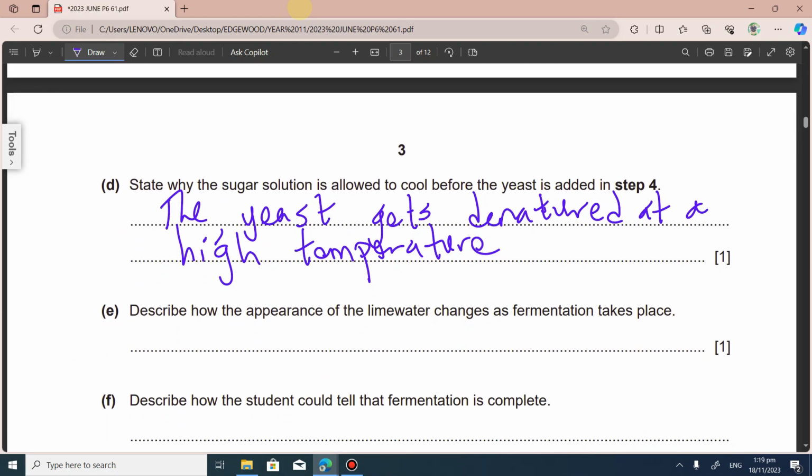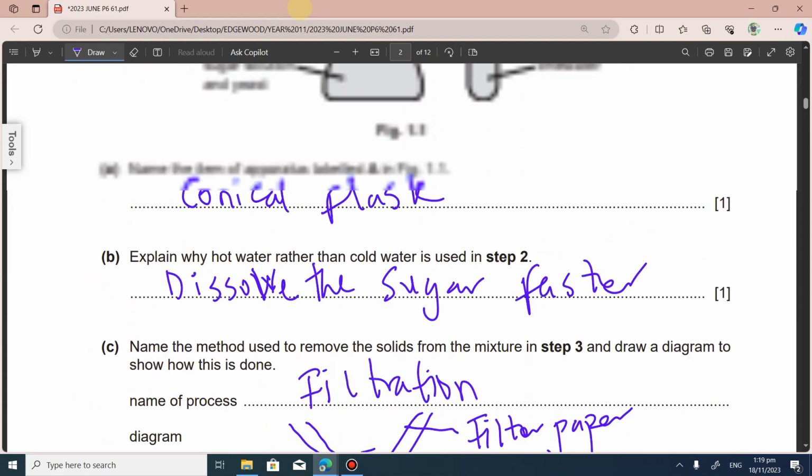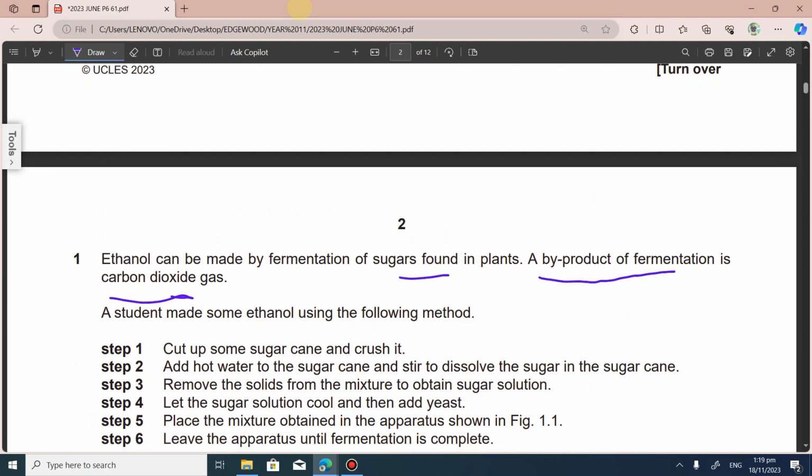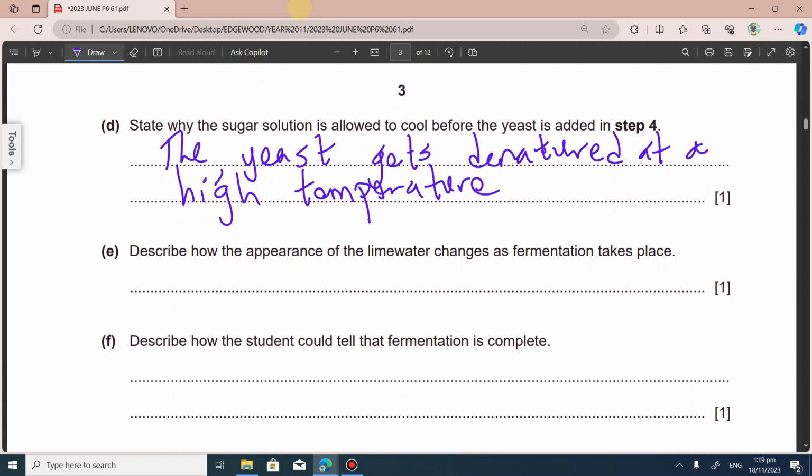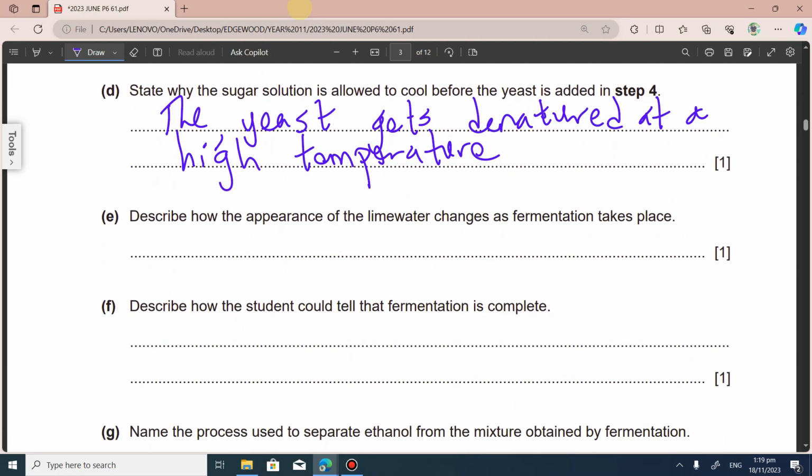Describe how the appearance of the lime water changes as fermentation takes place. If you check the process of fermentation, like we read from the beginning, carbon dioxide gas is produced. And the test for carbon dioxide is using lime water. So how does the appearance of the lime water change when it comes in contact with carbon dioxide?